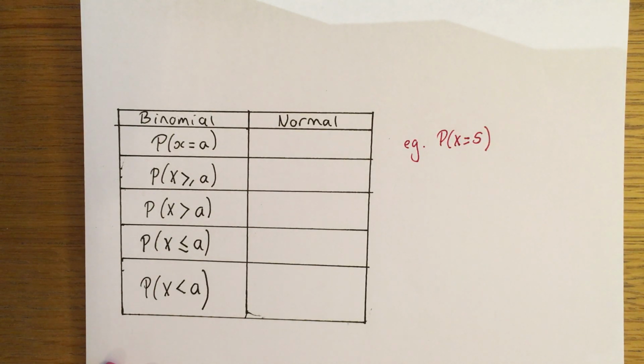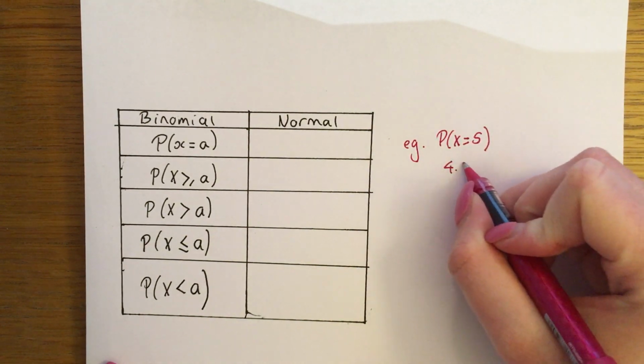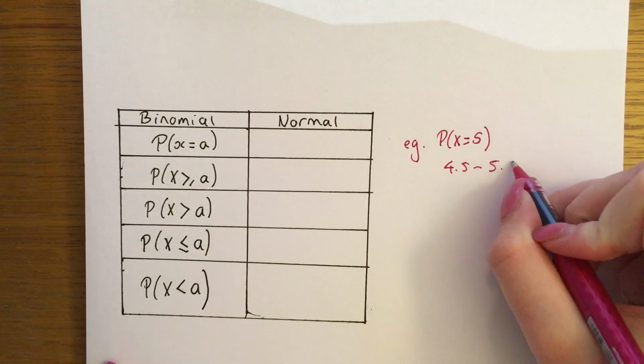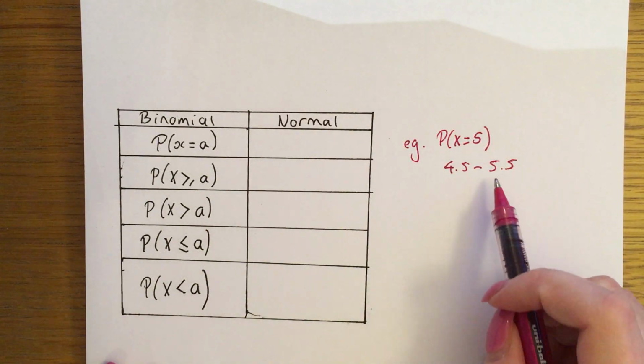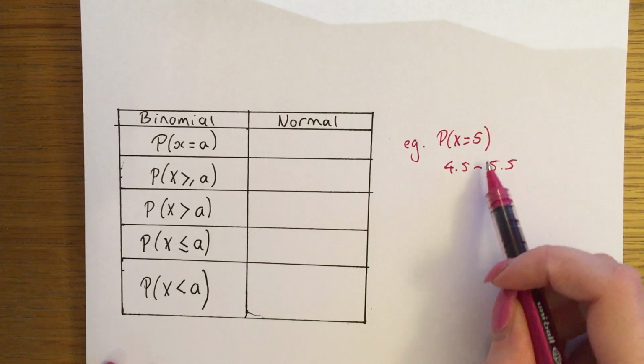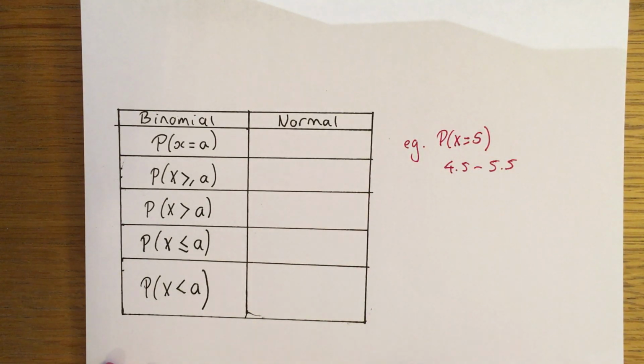Well, on my continuous variable, I could take anything from 4.5 to 5.5, and anything within that range would round to a discrete value of 5.